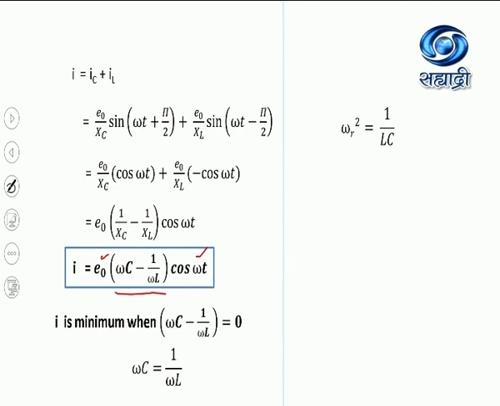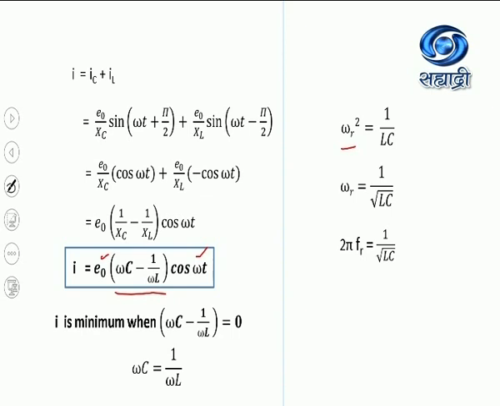So here the frequency will be the resonant frequency, and omega we call angular frequency. So here we are replacing omega by omega r, that is angular resonant frequency. So omega r square will be 1 by LC. From this omega r will be 1 upon root of LC.